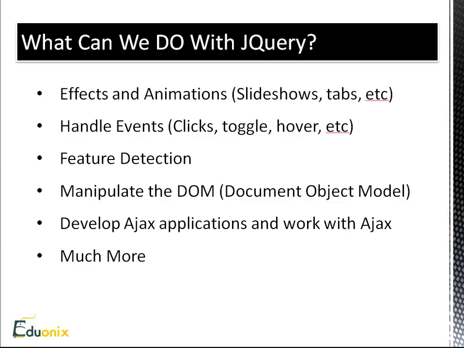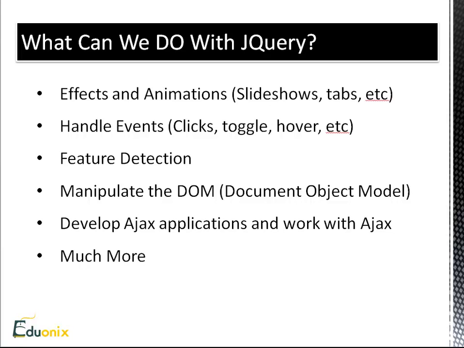jQuery is used to handle events, so clicks, toggles, hovers, mouse up and down, scrolling. We can do all different kinds of things with events. Feature detection. So if we want to, let's say, use the HTML5 geolocation feature, we can use jQuery to see if that browser can actually handle that or support that feature.